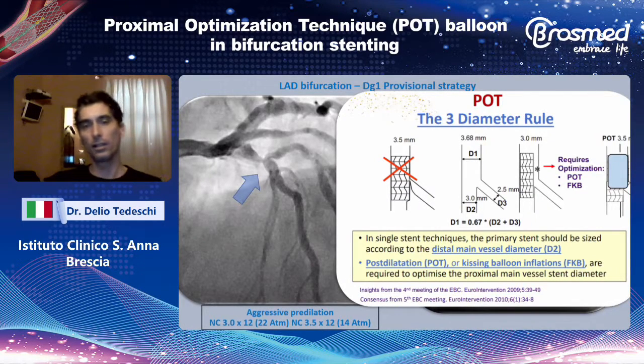according to the bifurcation consensus document, we follow the three diameter rules.